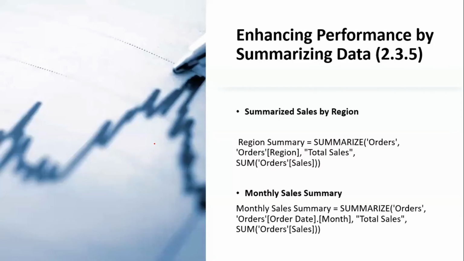Okay. Now the last one, how we can enhance the performance by summarizing the data. So we have two examples with us. As one of the examples we already did, where we created a date table, right? As we've seen, whenever we are using the sales data or the order date, it is taking more time to execute.